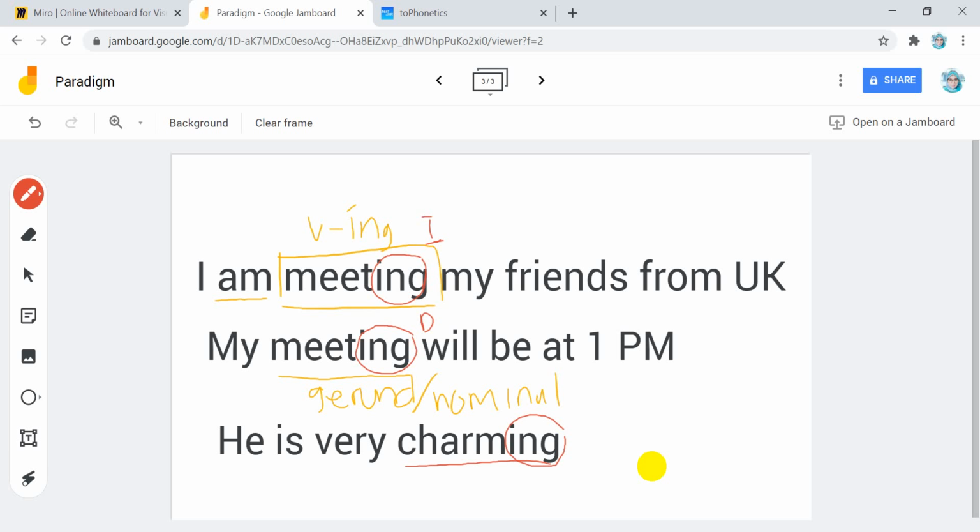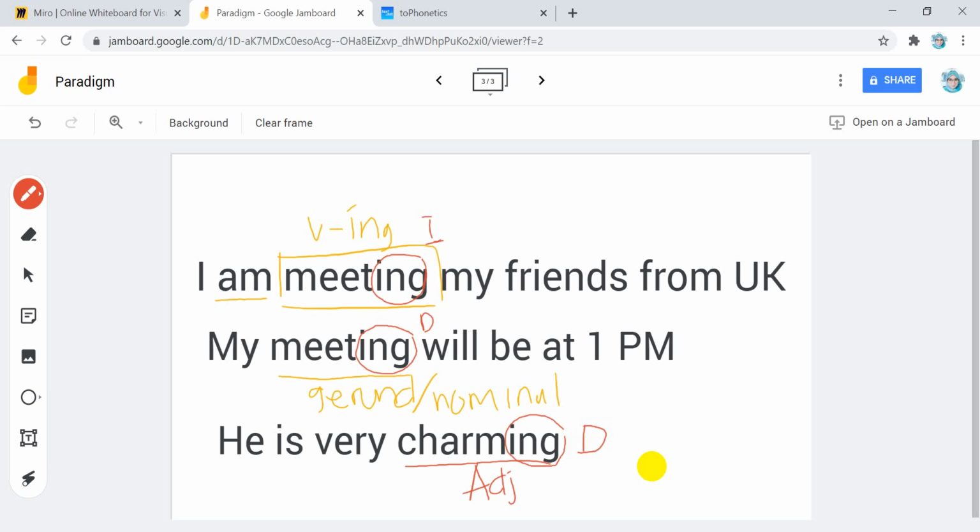This is an adjective, so it changes the part of speech. Not "I am charming my family" now, but "he is very charming." So charming here is an adjective. Since the part of speech changes, it is derivational.